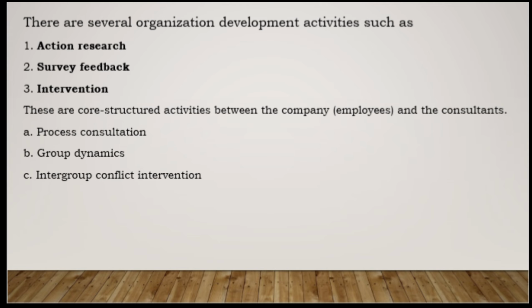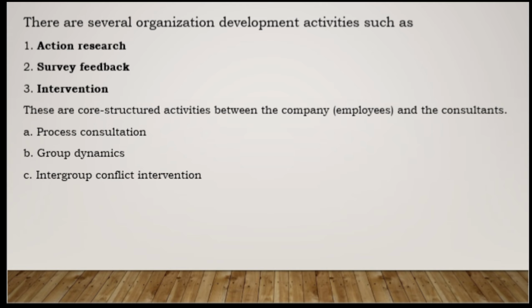The concepts outlined here are various approaches and interventions used in organizational development to address and manage problems effectively. First, action research. Action research was developed by Lewin, 1951. Its approach involves systematically collecting data from individuals within an organization to identify problems and their causes. Second is the survey feedback.